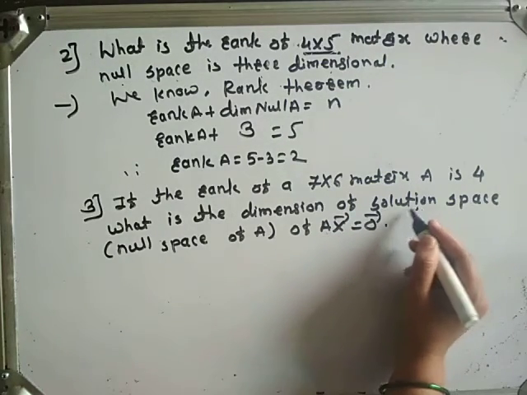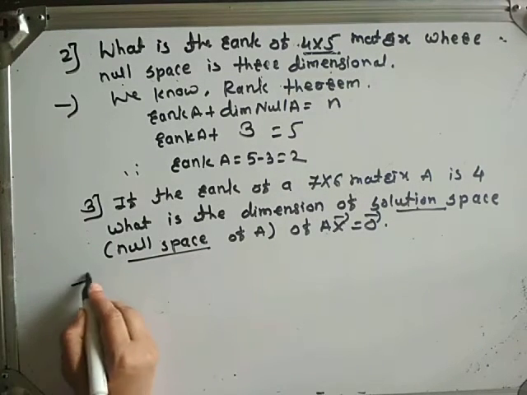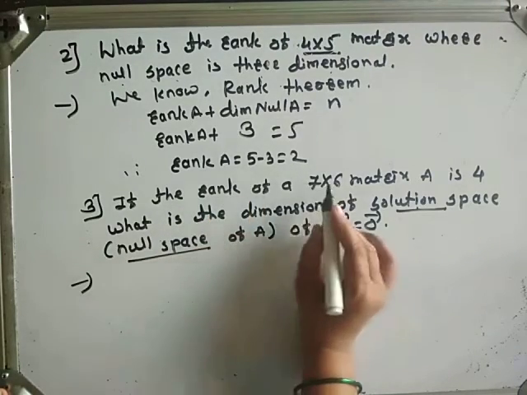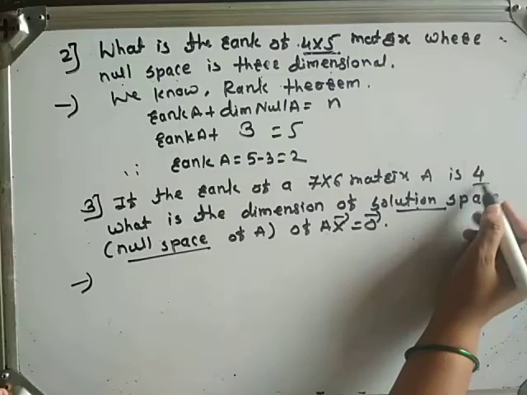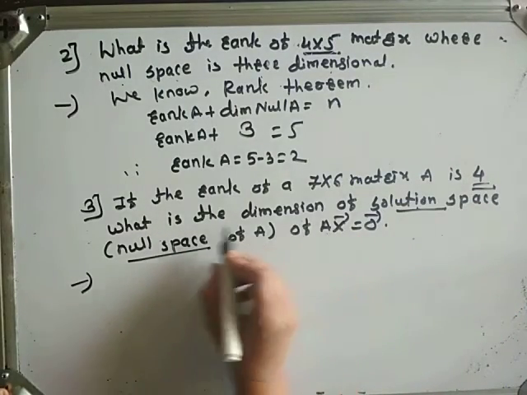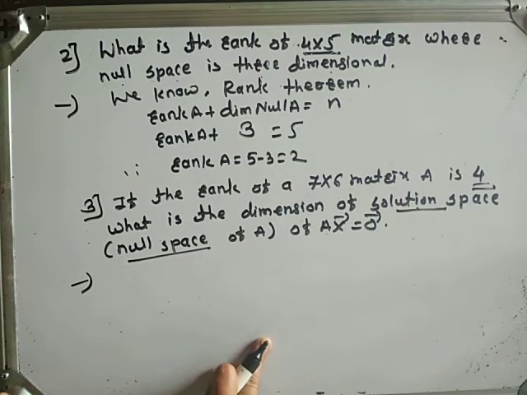Students, remember that solution space is nothing but null space of a matrix. In this problem, rank of the 7 by 6 matrix is 4. We have to find dimension of solution space or null space of A.